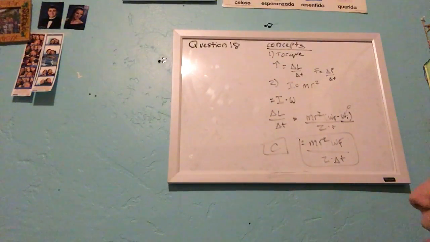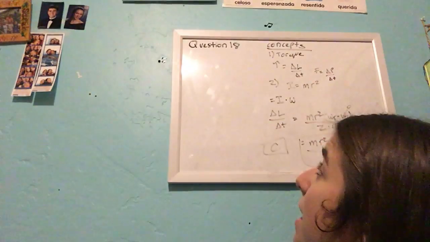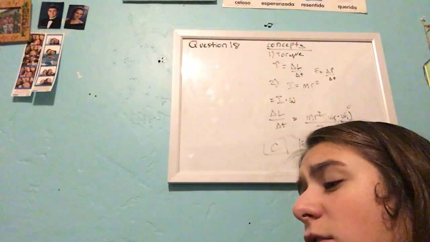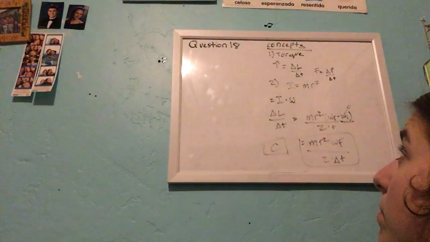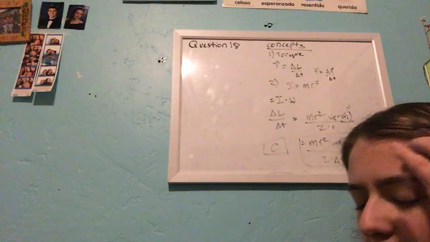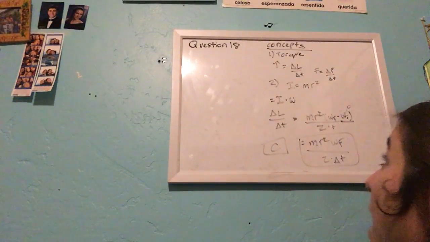Basically, what this question showed is, for one, torque is equal to the change in angular momentum with respect to the change in time. There are other ways to use torque, but that's the concept we are looking at right now.